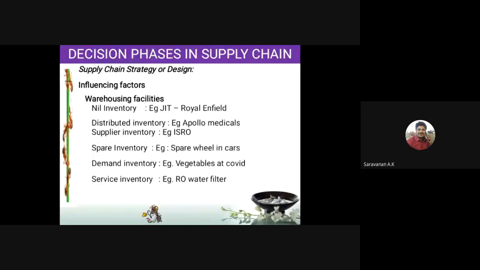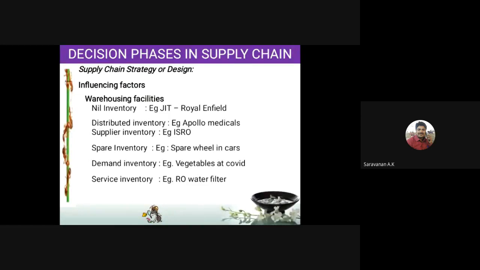Next is distributed inventory. Apollo Medicines is the best example of distributed inventory. In big states, you can see Apollo medical stores, 3 or 4 medical stores in a single street. Why are they having that many franchises? It is because of the decision taken on distributed inventory. For example, there are 10 rare medicines which cannot be sold regularly.